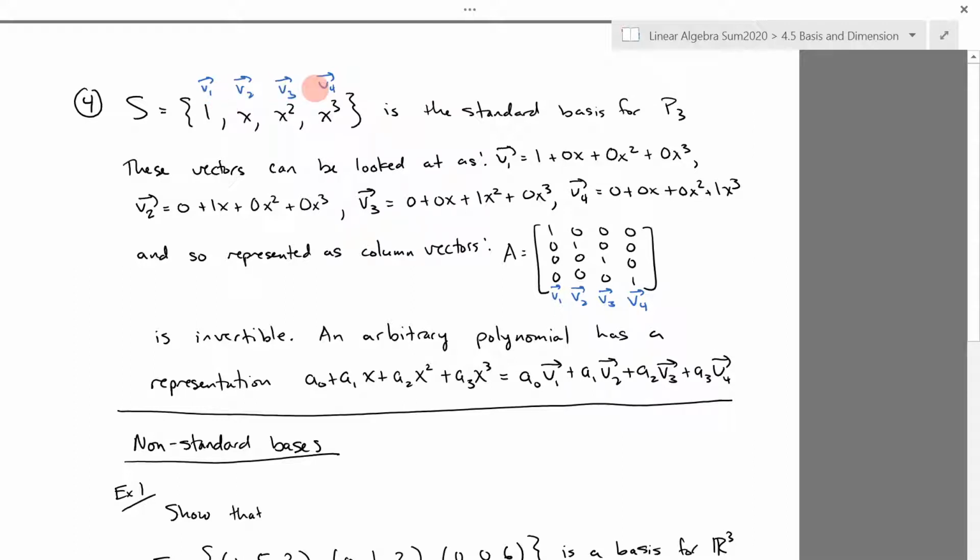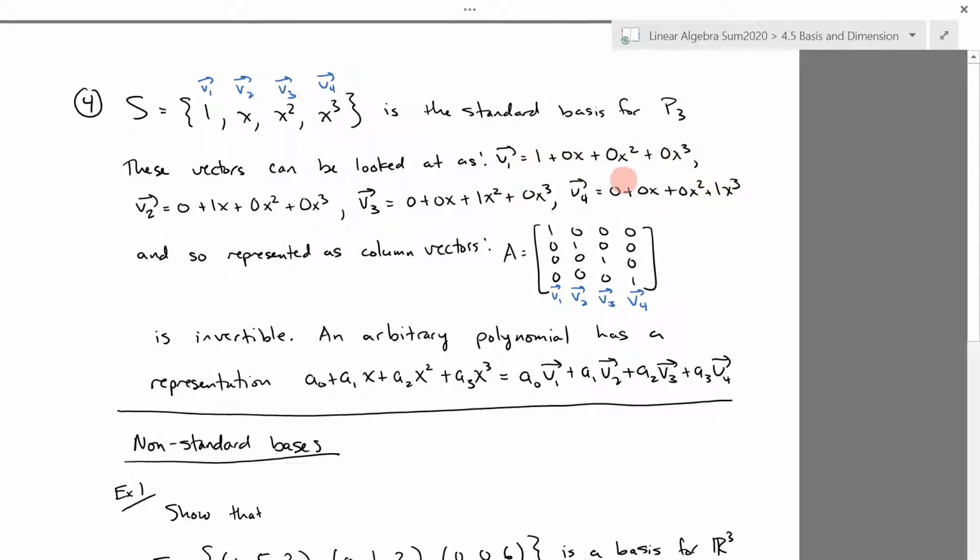Okay, so here we can look at the basis vectors v1 through v4 in the following way, right? So really the vectors here go up to degree 3, right? So the polynomial 1 really should be thought of as 1 plus 0x plus 0x squared plus 0x cubed. And the polynomial x is actually thought of as 0 plus 1 times x plus 0x squared plus 0x cubed, and so on.